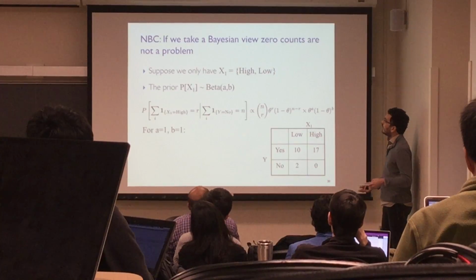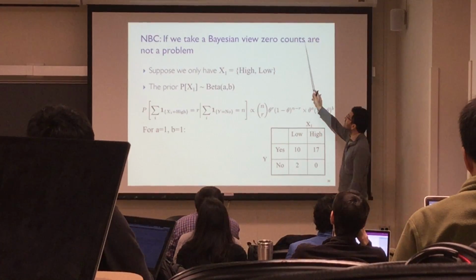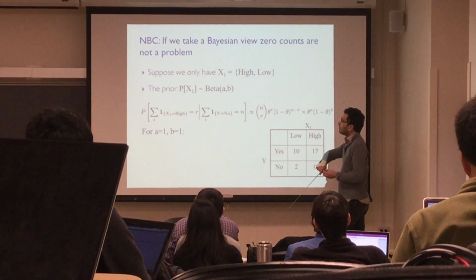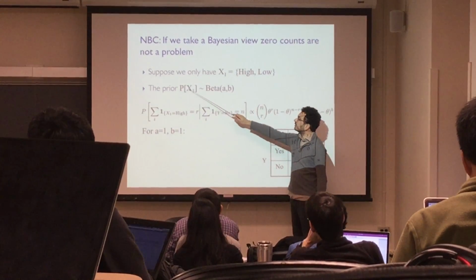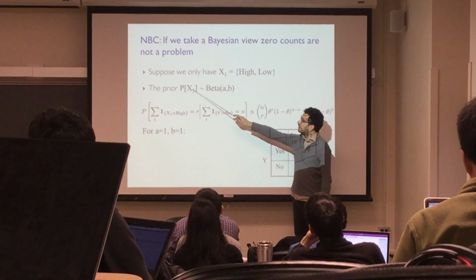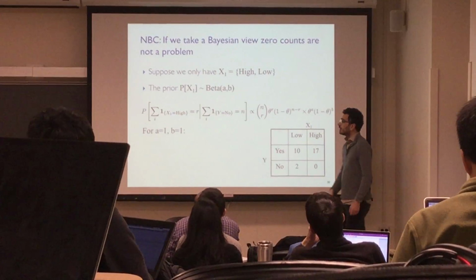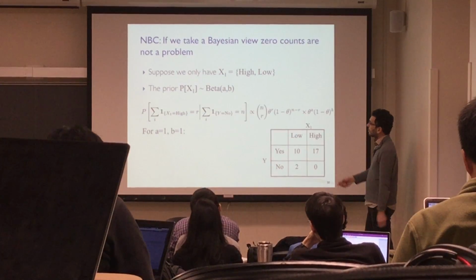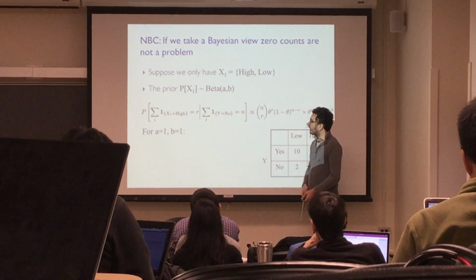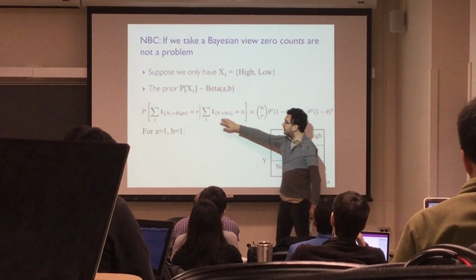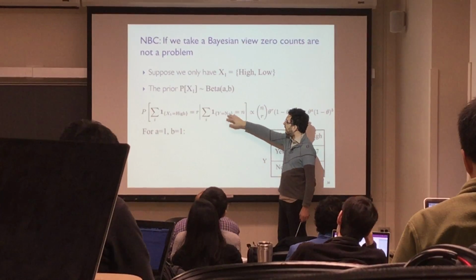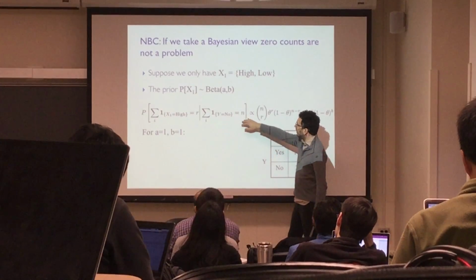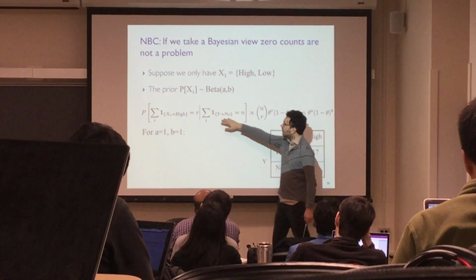Never say never. I think that's the main thing about predicting probability. And then if we take the Bayesian view, then the zero counts are not really a problem, because we have a prior. We can assign a prior to the probability of any feature showing up, right? Like we can, for instance, use the beta prior. So, the probability that you buy a computer, you don't buy a computer, or say you had n people that didn't buy a computer.